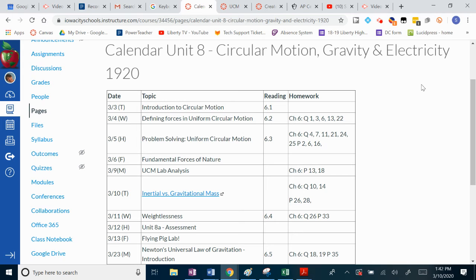Anticipating that maybe you would agree with that, I recorded a little lesson, it's like 10 minutes long, about inertial and gravitational mass, and there's a link right here, so you can access that, and you need to do that before Friday, because there might be a question or something like that on that test over inertial and gravitational mass. 10 minutes of your life, fair enough? You got that. If you have questions, bring them in and we'll talk about them.